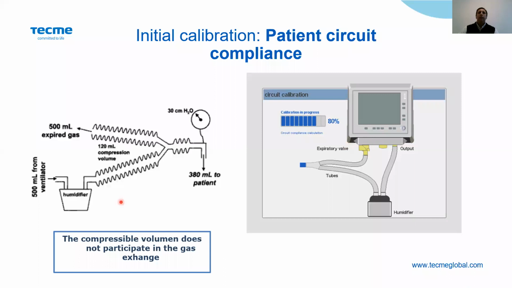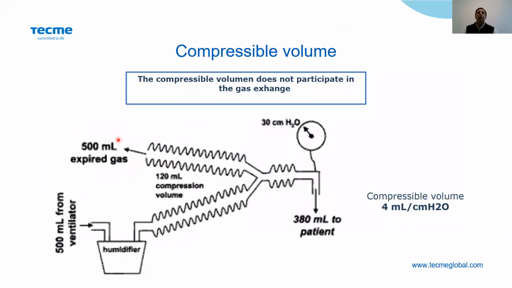And how does this compensation work? If the compensation is deactivated, let's suppose that we have set on the machine 500 milliliters of tidal volume. The machine is going to deliver 500 milliliters. In this example, 120 milliliters remained inside of the patient circuit. So the tidal volume that the patient will receive will be smaller.